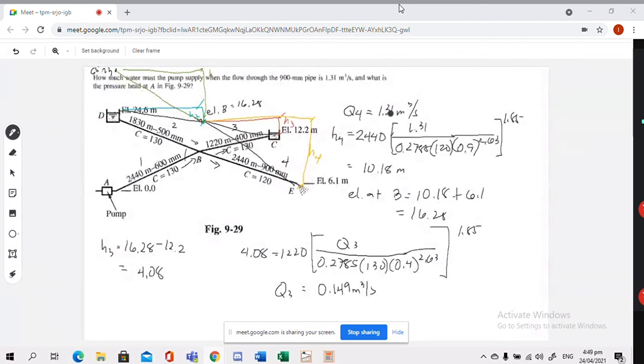Nasaan to nasayop na pod? 2440.9, 2.63. Okay.